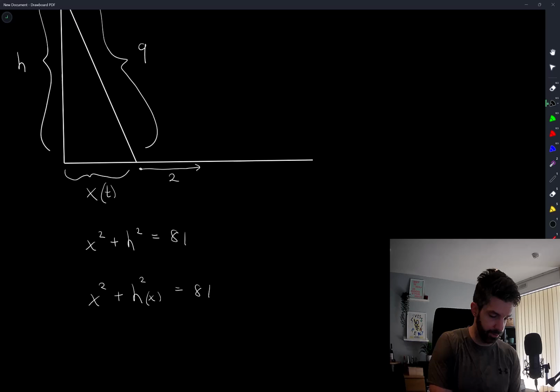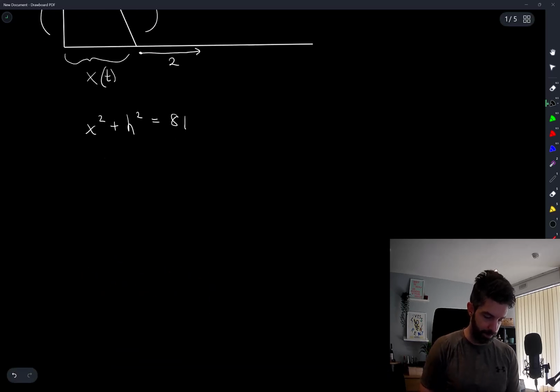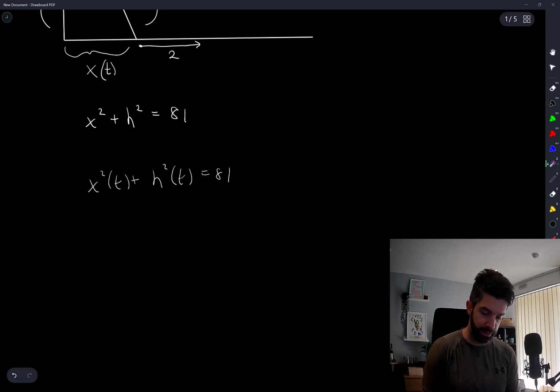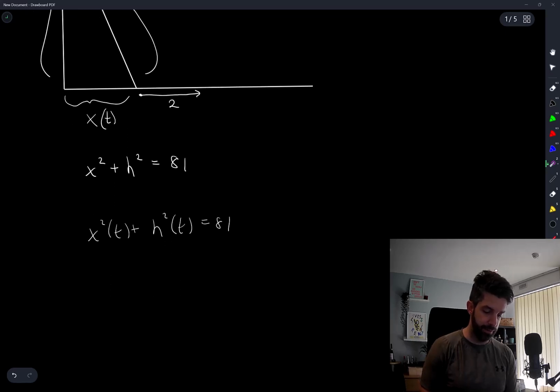Let's say everything is a function of t. So I have x squared of t plus h squared of t is equal to 81. The reason it's better to do it this way is because I'm looking for the speed of the top of the ladder. That is essentially h prime of t. We don't want h prime of x, we want h prime of t.